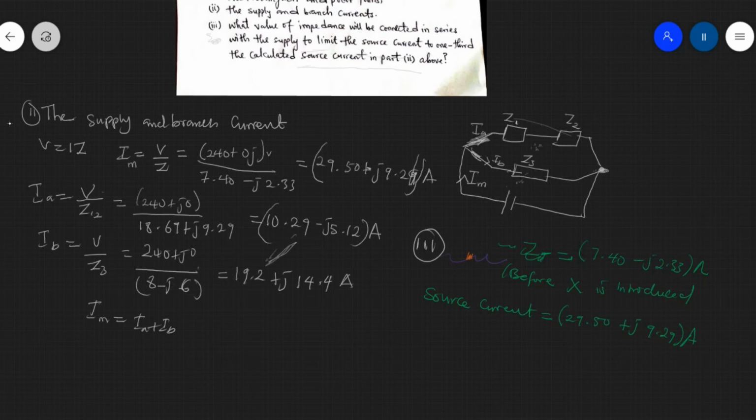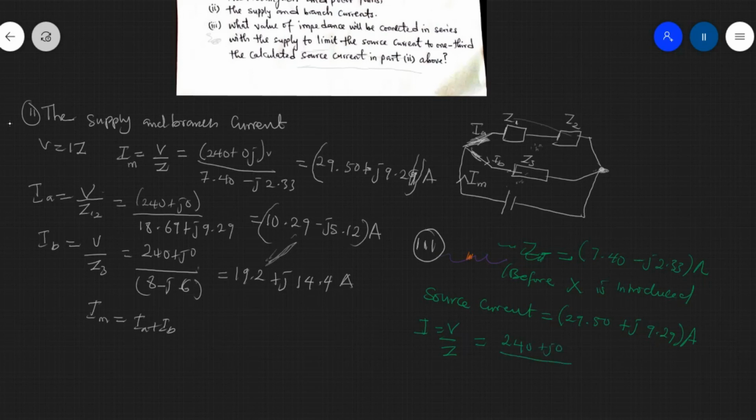When we say it's divided by 3, recall that normally I is equal to V over Z. The voltage is 240 plus j0.